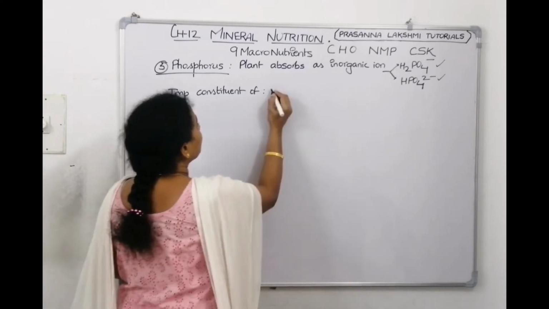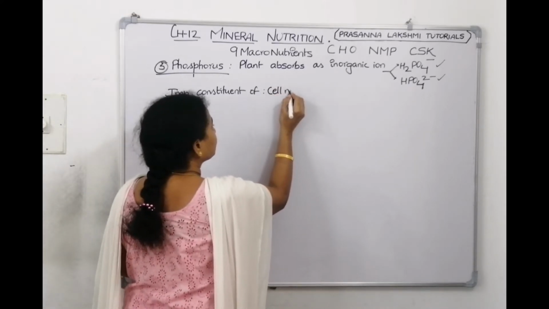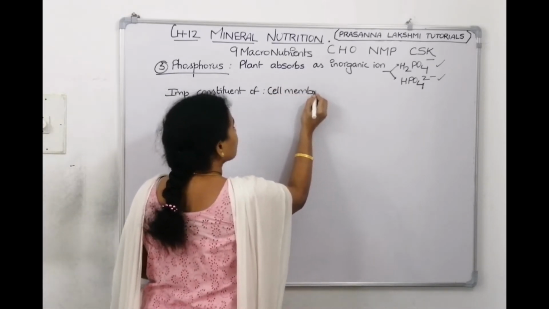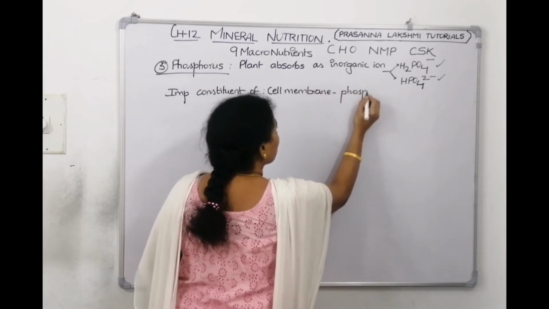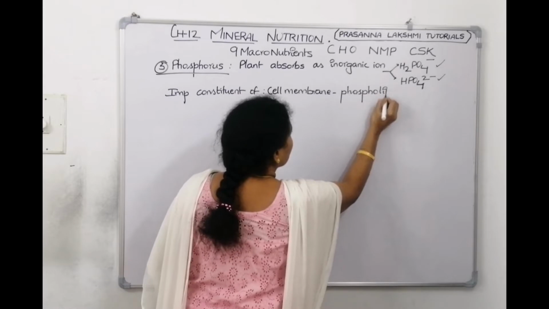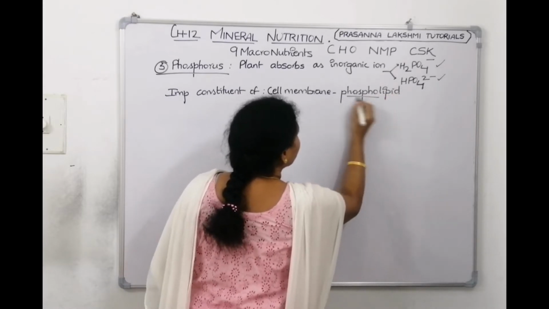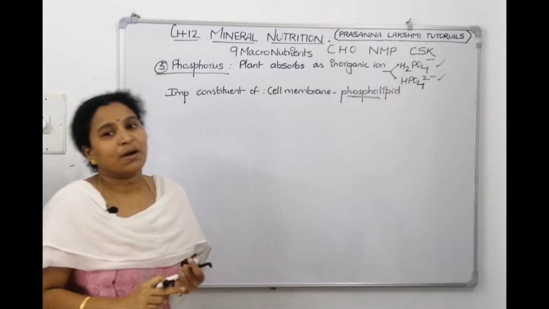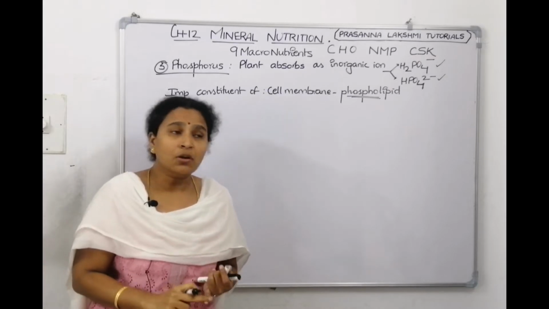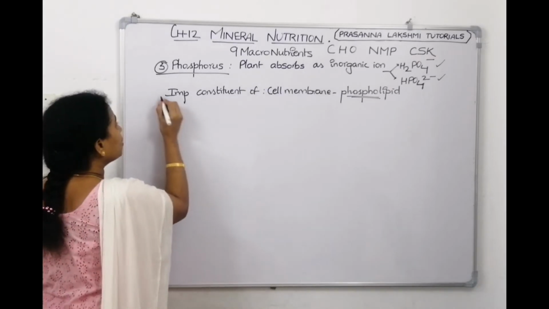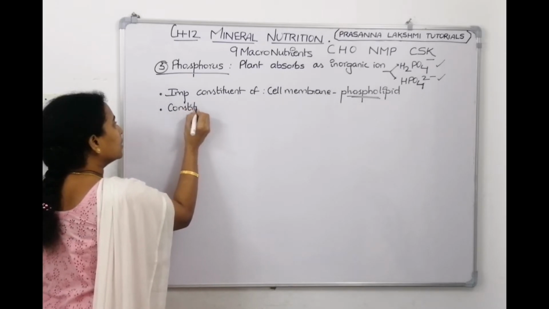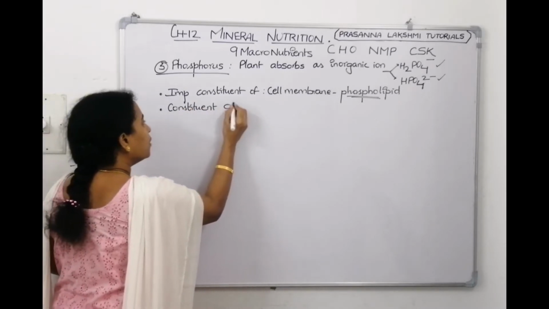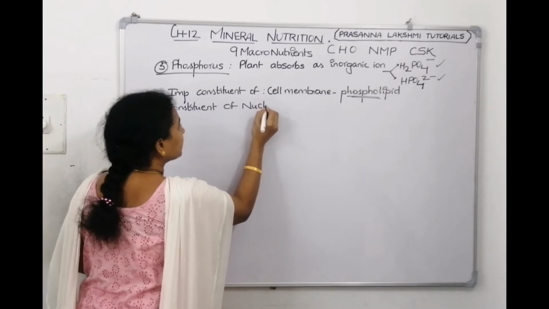Cell membrane is made up of phospholipids, and in the phospholipid phosphate is there. So it is one. Next one I am telling, nucleotides. It is a constituent of nucleotides.